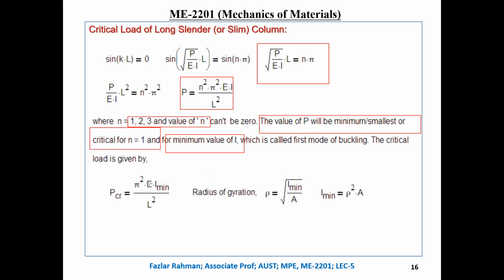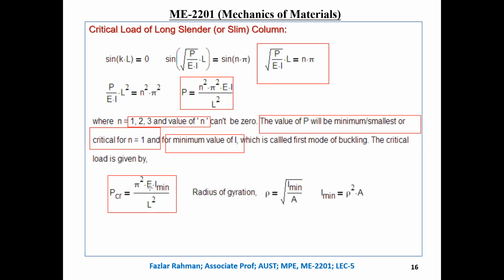The load is given by, no, this is I. For the minimum, you see, right over here we got the I, right? P equals EI by L square. So P will be minimum when n is minimum and I is minimum. And as we showed you in the last class, we have two I values along two axes, the Y axis and the X axis, and of these two values, one I will be minimum.